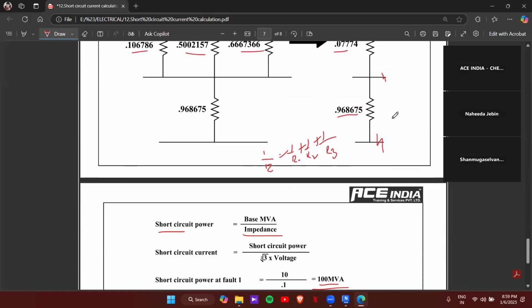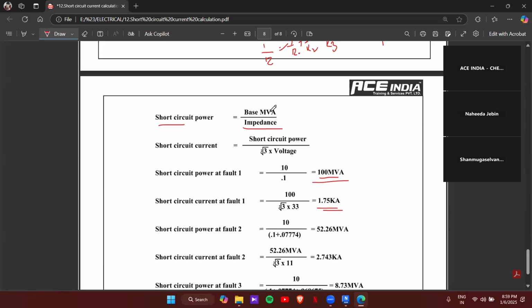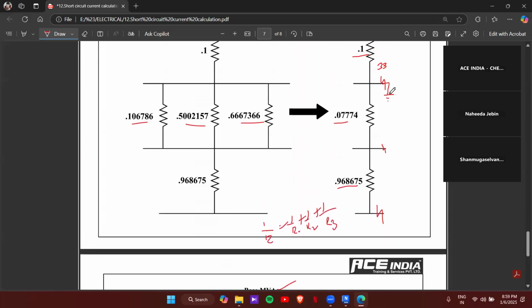Okay. Now fault 2. Short circuit power at fault 2 is equal to 10 divided by impedance. So base MVA is 10. Then the impedance at fault 2 is 0.0774. Usually we'll add this value in place of impedance.